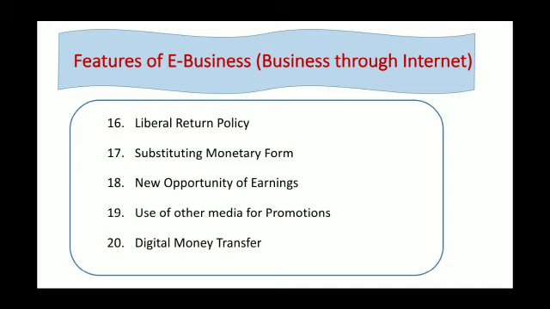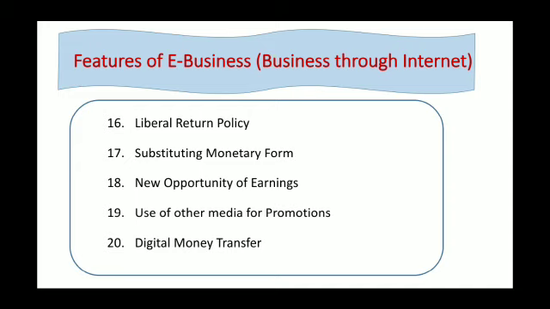Next, use of other media for promotions. Web-based marketing uses other media such as newspaper and television for launching and promoting commercial websites. You will know the advertisements of whatever products they are selling through electronic business. Those advertisements we will see in newspaper also, television also, on Facebook also, everywhere.